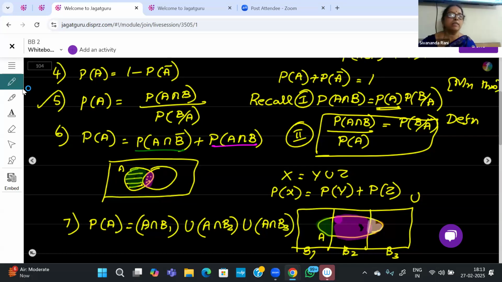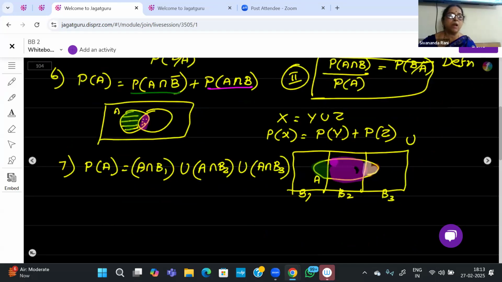So this idea is very much useful when A is not something that's plain, but it has got caught inside a portion which is common to 3 other sets, which happen to span your universal set. So this is invariably the situation which is given to you, wherein we are supposed to use the total probability.